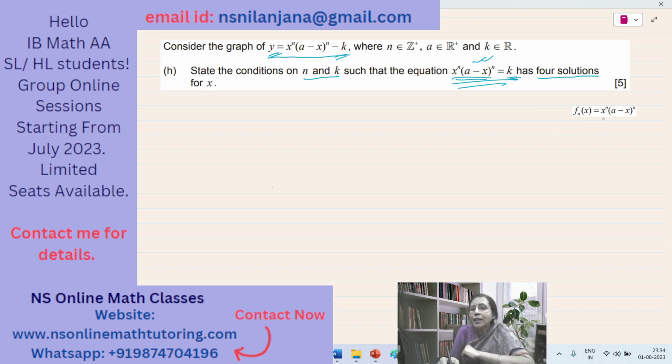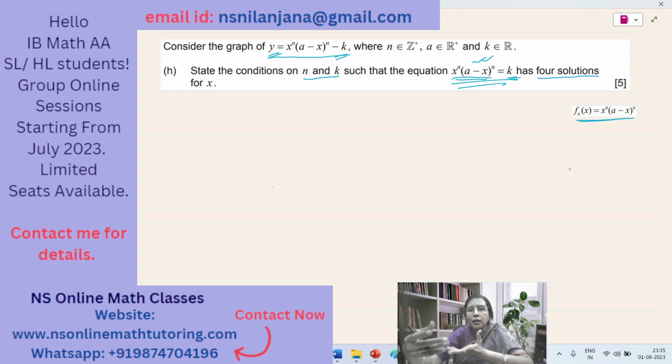Now, this was the expression for f n of x, and we had graphed 4 different graphs from the calculator for n equal to 2, n equal to 3, n equal to 4, and n equal to 5. And for a, we had taken the value of a to be equal to 2. But in case you have any doubt about what if a is not equal to 2, a is a positive real number.